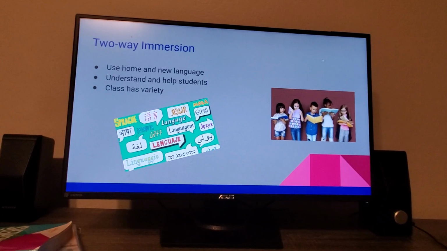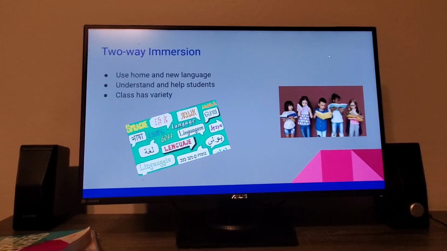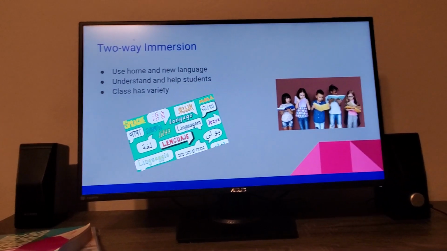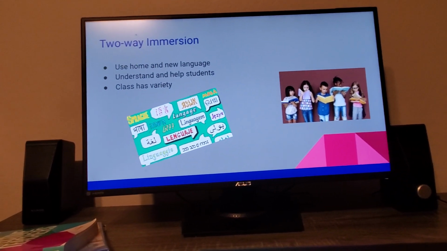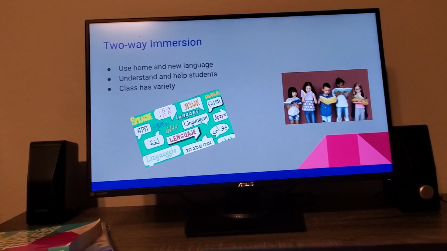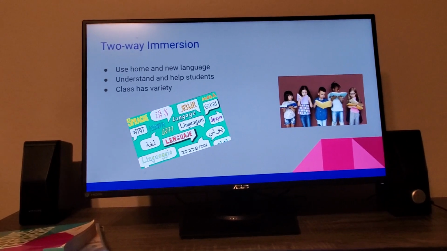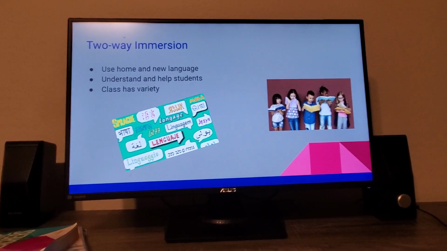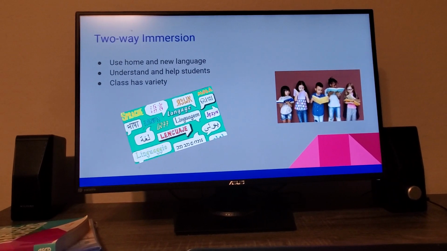One of those programs is two-way immersion, so it uses the home language and the new language. So you have the ELL students and you have the non-ELL students, and you teach them using both their home language and English. So in Arizona, it would be primarily Spanish and English. So you cross-reference each of the languages to help them learn better and help them understand what words mean.